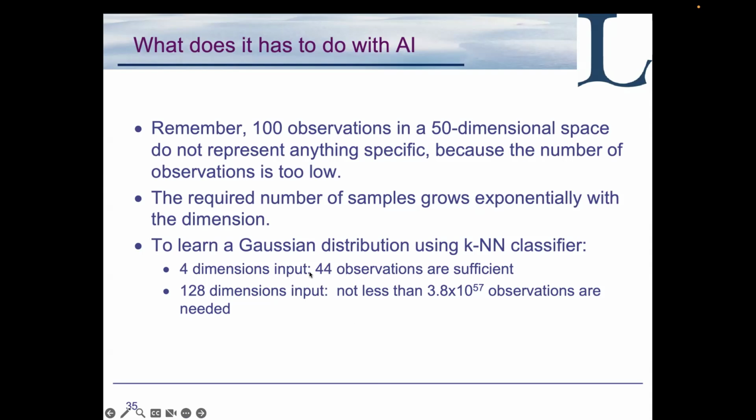And we are about to learn a Gaussian distribution with some number of dimensions. For 4 dimensions, 44 samples in the memory are enough to accurately reconstruct it. And for 128 dimensions, you need this many observations, again, for accurate reconstruction.